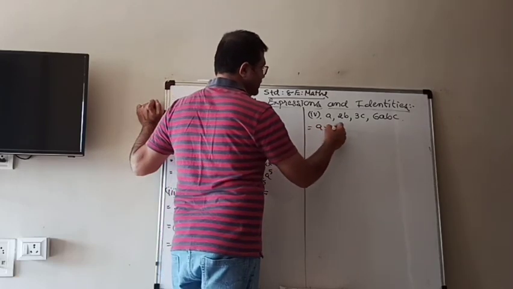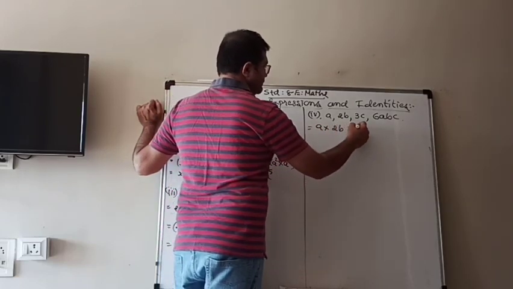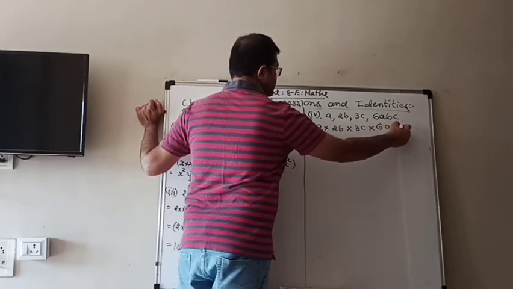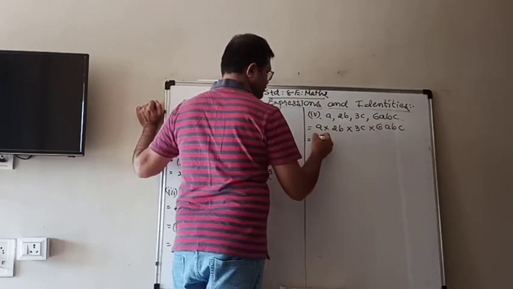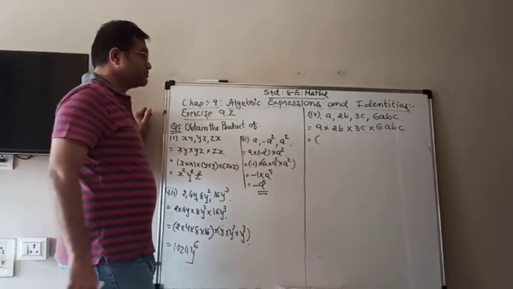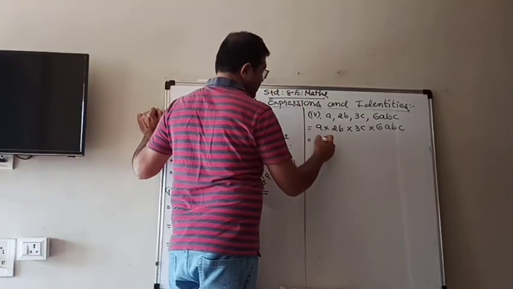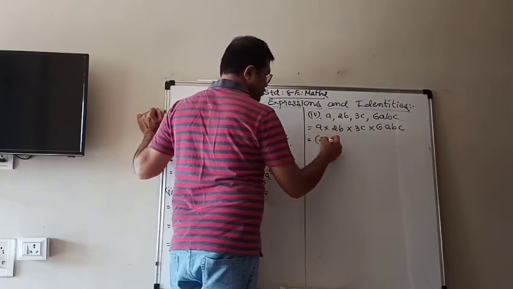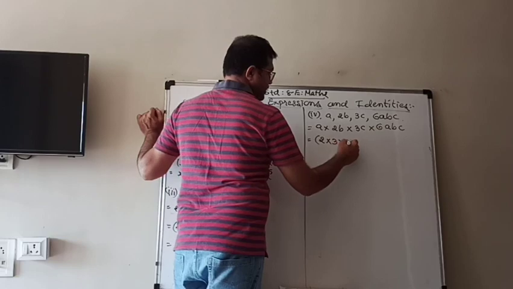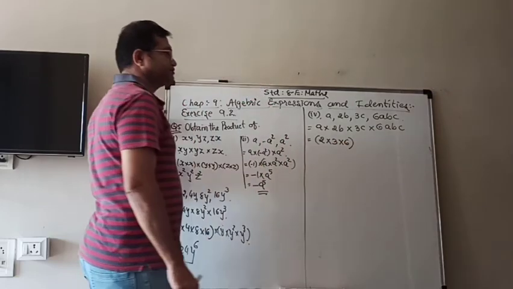So a multiplied by 2b multiplied by 3c multiplied by 6abc. Now first we will separate the coefficients. Here it is 1, so you write down or don't write down, not a problem. 2, here it is 3 and 6.